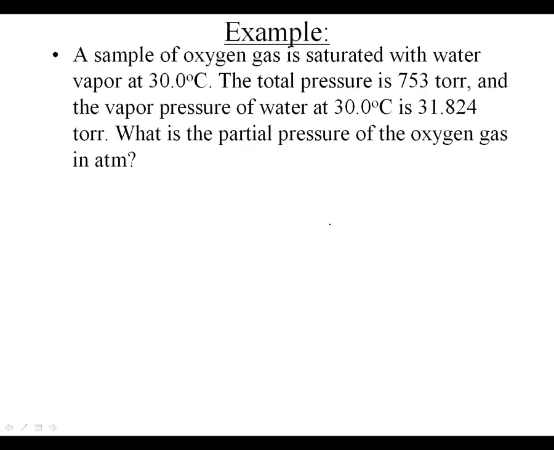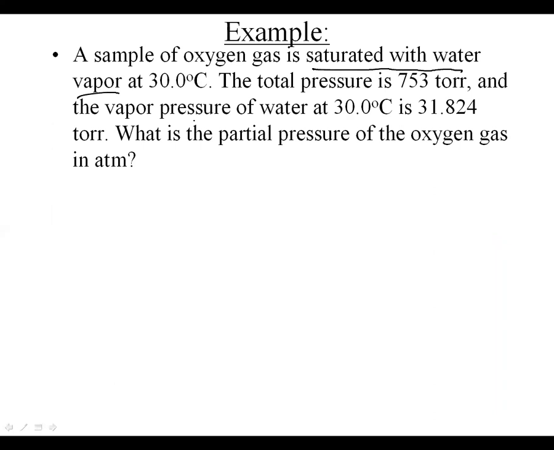So if we look at a problem like this where we have a sample of oxygen gas that's saturated with water vapor, and when you read a problem, those are keywords that you oftentimes will hear in those problems that basically tell you that you need to do some type of correction for the vapor pressure of water. It will say it was collected over water.